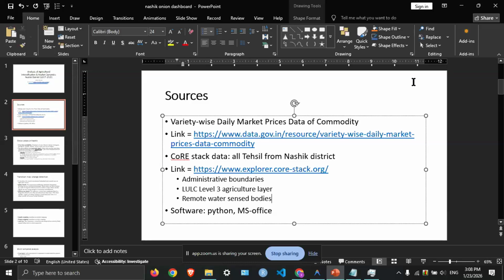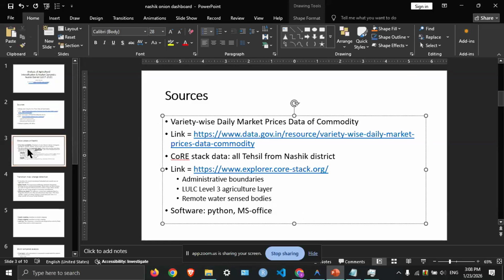For this dashboard, I use Python and MS Office software to analyze, filter, and slice and dice the data according to my needs.